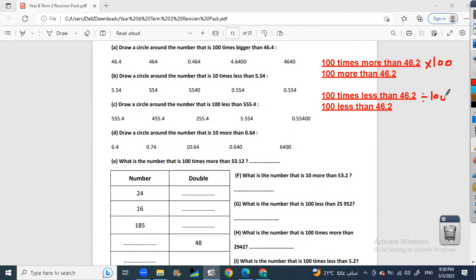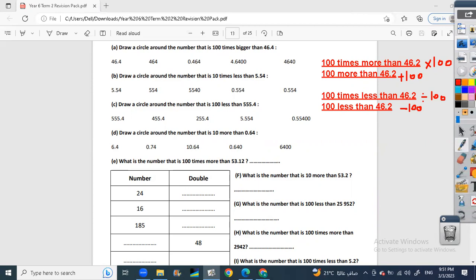What about 100 more, without the word times? It means add 1 to the hundreds place. If I say 100 less than 46.2, it means subtract 100, which is subtract 1 from the hundreds.